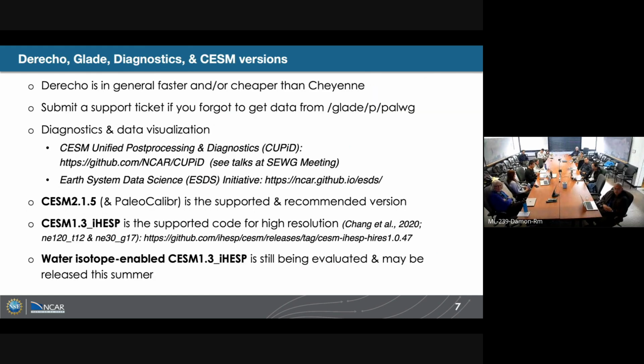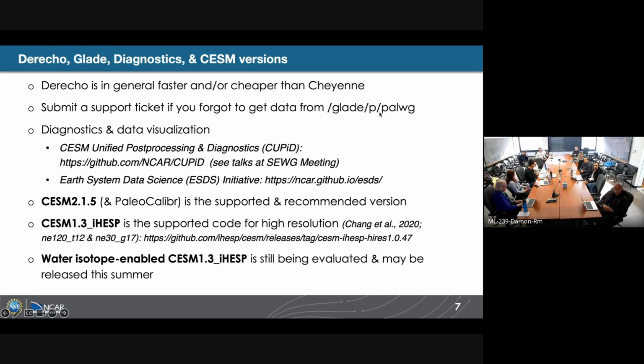Finally, some technical updates about Derecho, GLADE, diagnostics, and CESM versions. Based on all our exploration, the good news is that Derecho is in general faster and cheaper than Cheyenne. And just a reminder, please submit a support ticket if you forgot to get data from GLADE.